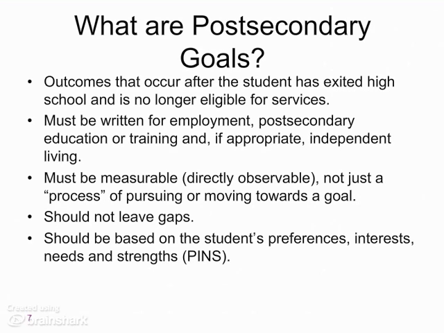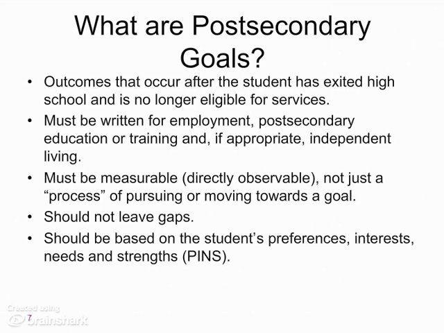When writing post-secondary goals, what we're looking at is outcomes that we expect to happen after that student has graduated high school. These should be measurable, just like the present level of performance, observable, and objective as well, and shouldn't be written as the process. It should be long term.